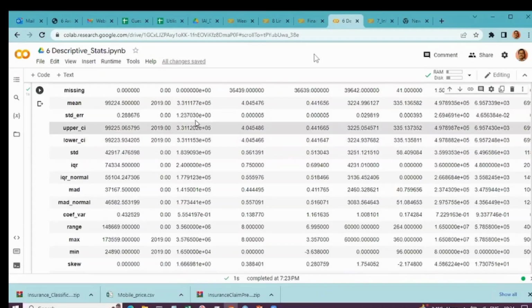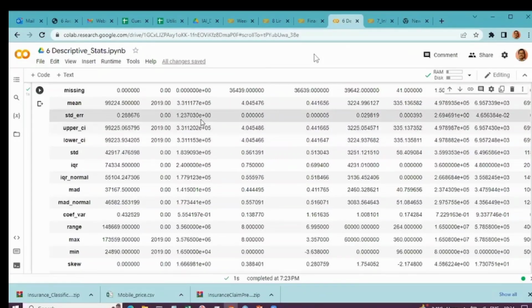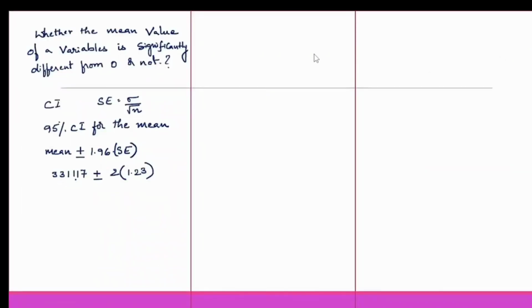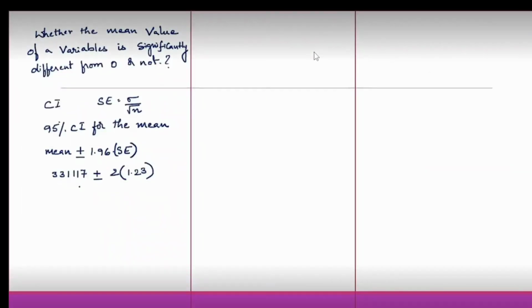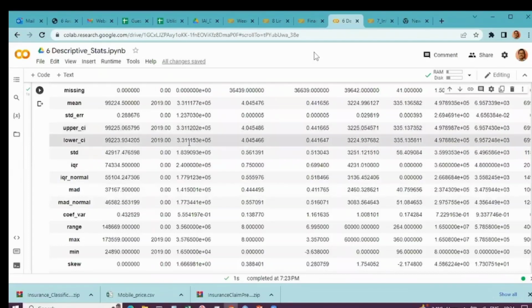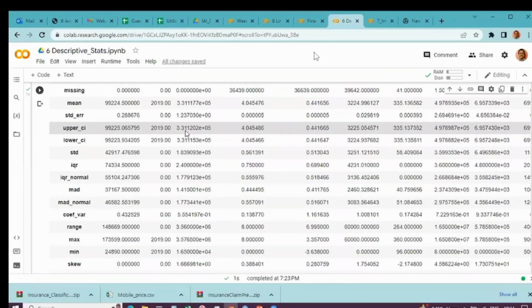So what is going to happen here? 1.237 is your standard error. So you could typically add and subtract it, and that is what will give me your lower confidence interval and your upper confidence interval. I have to actually go for 5 decimals.